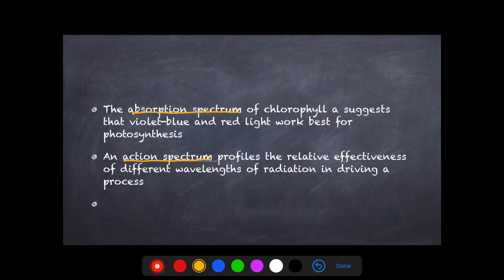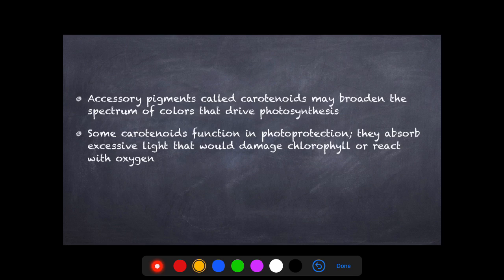And then there's also something called an action spectrum, which literally plots the rate of photosynthesis versus the wavelength of different waves. So these 2 spectrums, along with electromagnetic spectrums, play different roles in comparing the light being absorbed with different wavelengths and how that can influence photosynthesis.